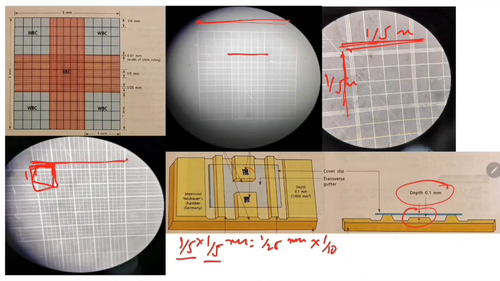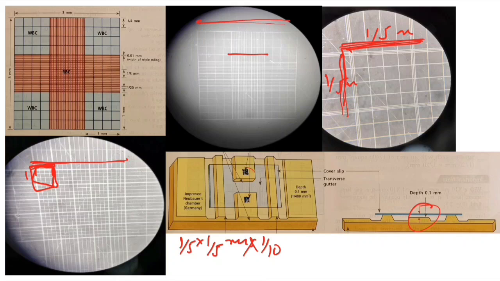I am going to discuss the volume of this area, 1 by 5 into 1 by 5 millimeter into 1 by 10, because the depth is 1 by 10 millimeter, 0.1 millimeter.